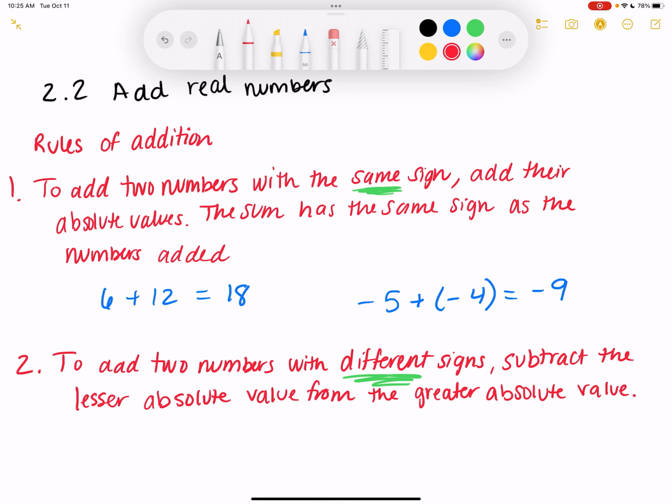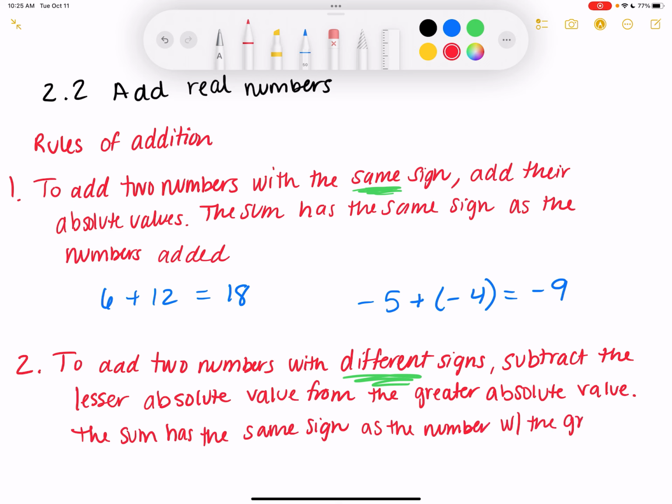The sum has the same sign as the number with the greater absolute value.